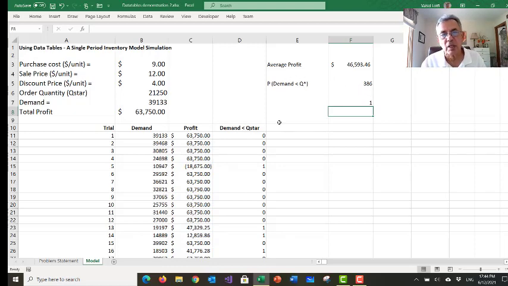So this is basically how we solve the single period inventory model using the data table to simulate 1,000 trials and then compare different random demand values from a uniform probability distribution to an order quantity, and we can vary the order quantity to see what happens to the average profit, and by trial and error we can determine the optimum order quantity for the best profit.